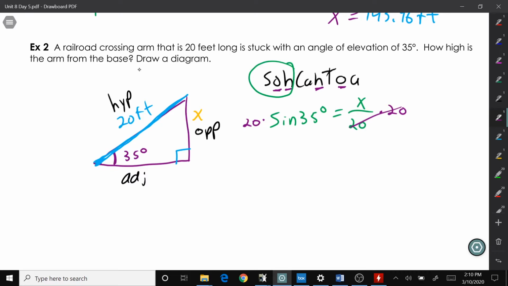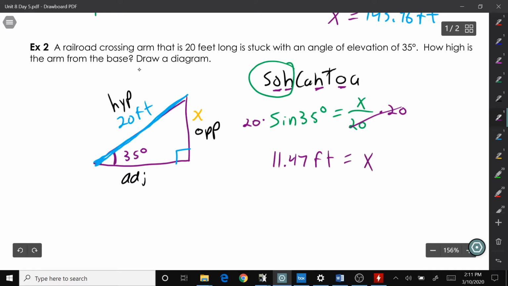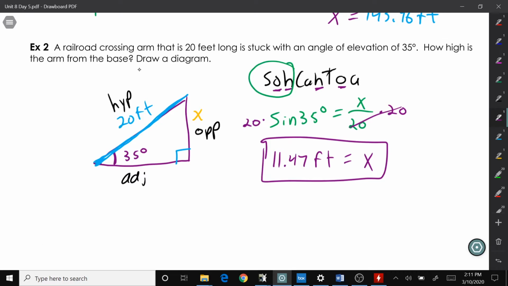I'm typing in 20 times sine of 35 degrees. I get 11.47. Okay. So that is how far this arm is off the base.